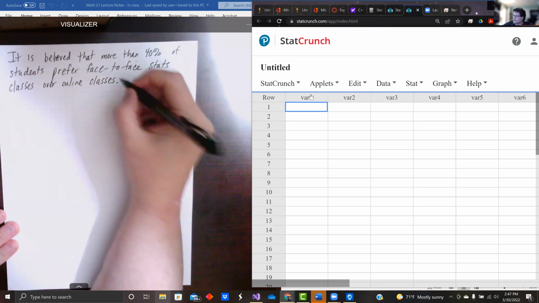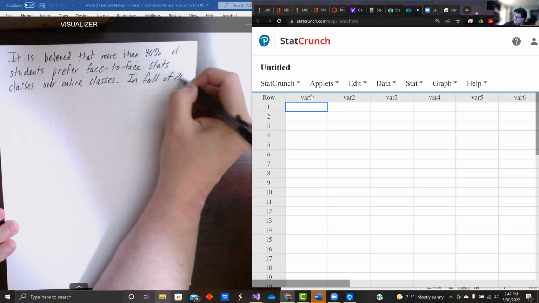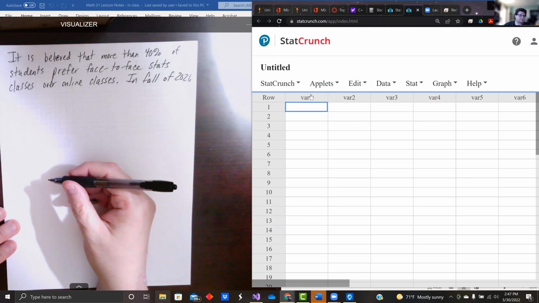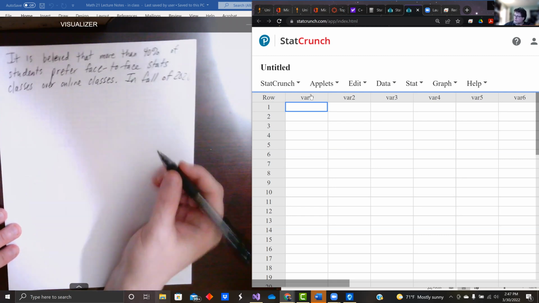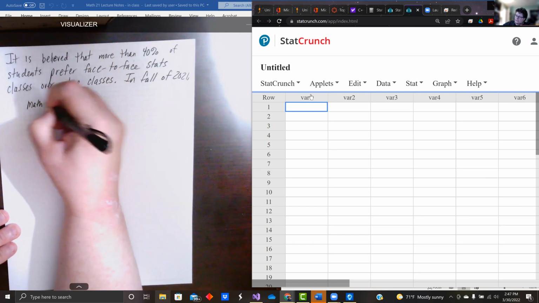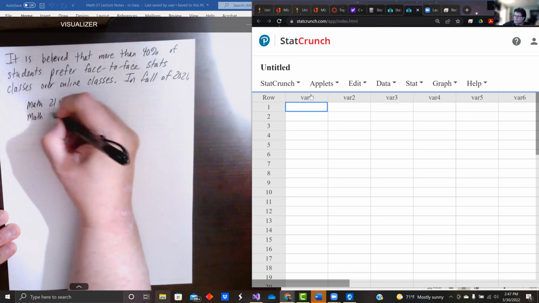Okay, so in fall of 2021, this was the breakdown for Math 21 without support, and then Math 21 with support.